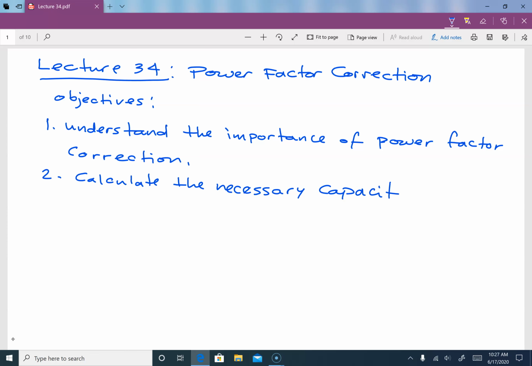So let us start with this topic, that is power factor correction.